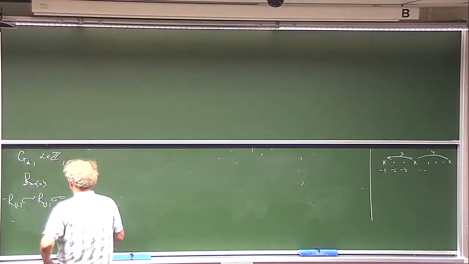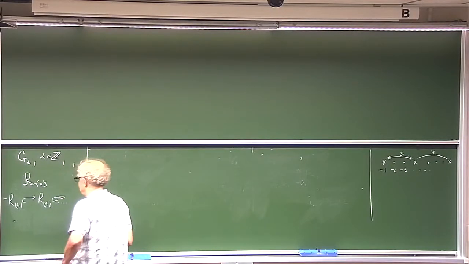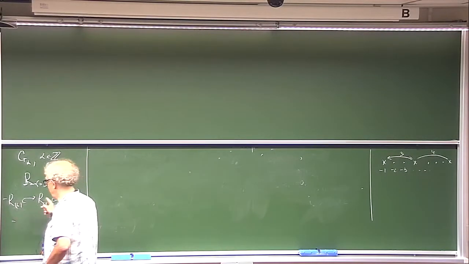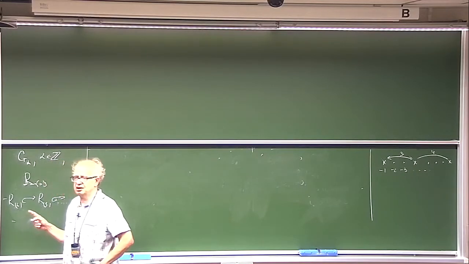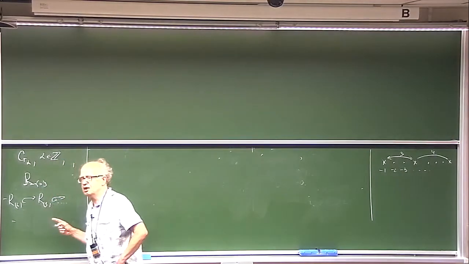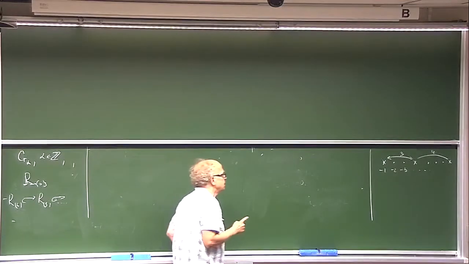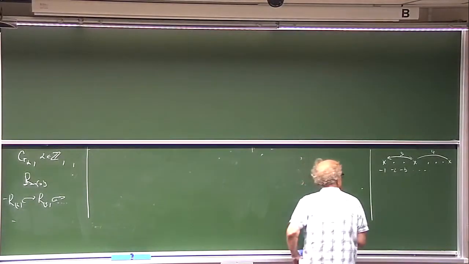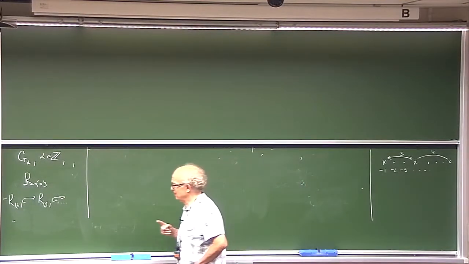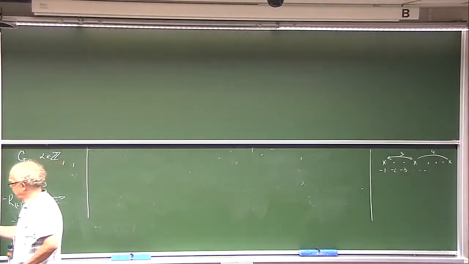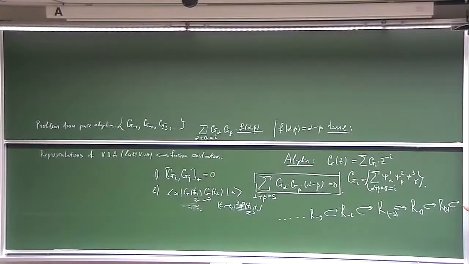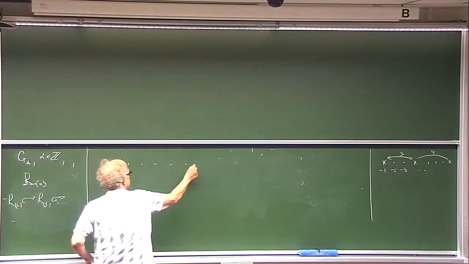Actually, this kind of problem about the limit has an interesting answer. And this answer is the following. First of all, as I said, in this space, the basis is labeled by what? It is labeled by configurations of points on a line.